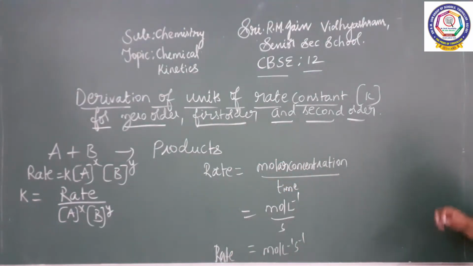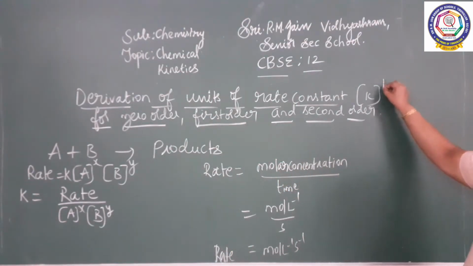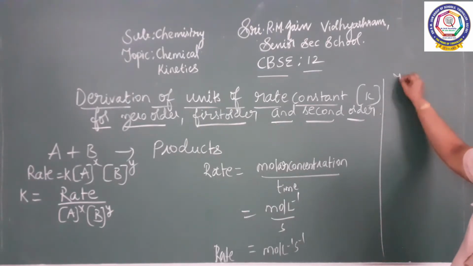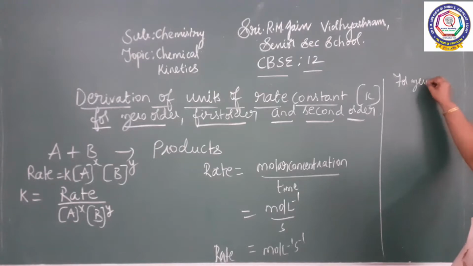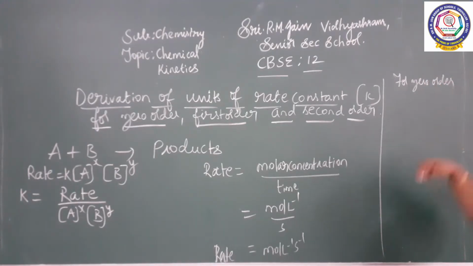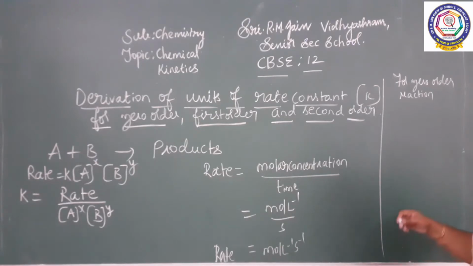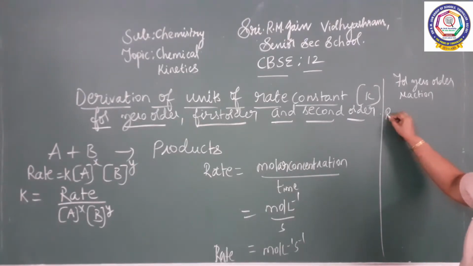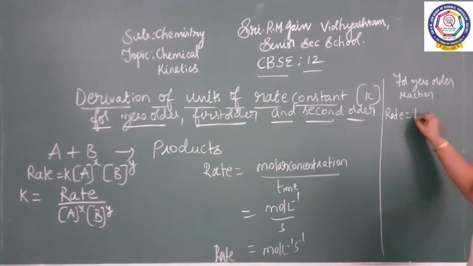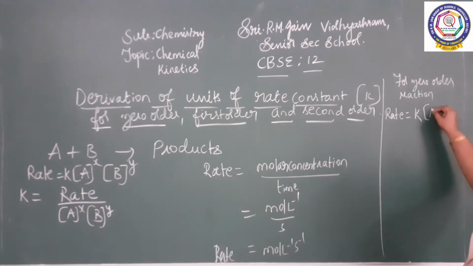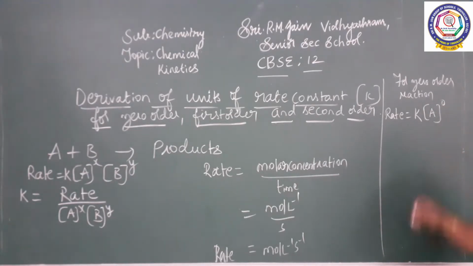The next one we are going to talk about is the zero order reaction. For zero order reaction, assume rate is equal to K into A power 0.